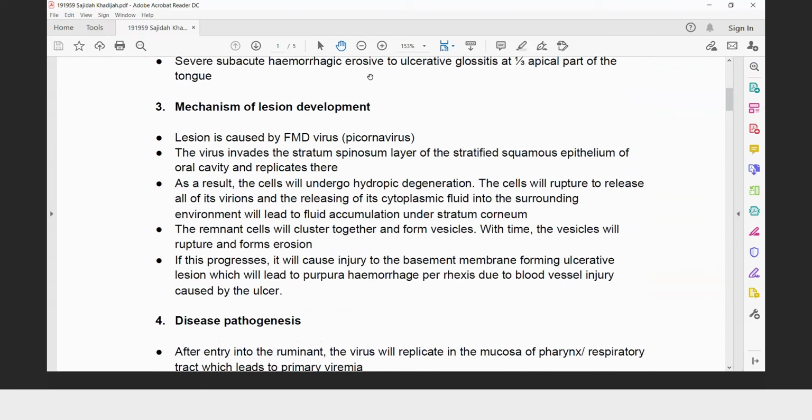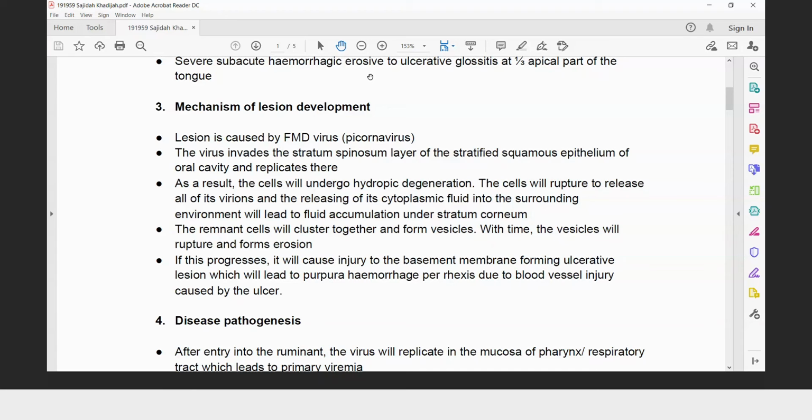Okay, question number 4 is overlapping with number 3, because the level of formation of lesion, severe subacute hemorrhagic erosive to ulcerative glossitis, is actually part of the pathogenesis of a disease. So they overlap.